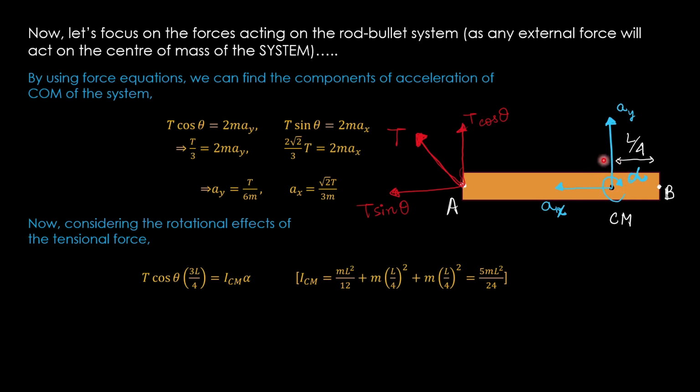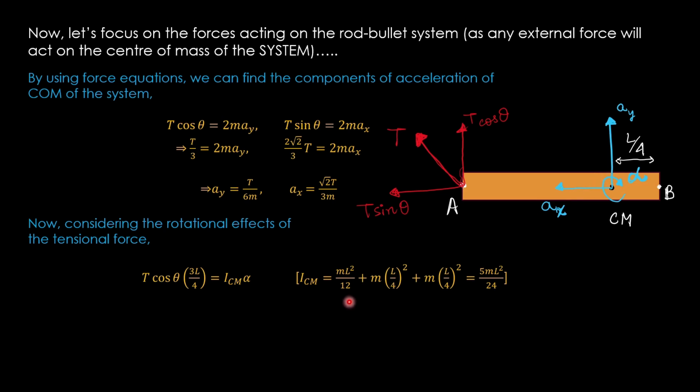Now the moment of inertia about the center of mass of this entire system has a contribution from the moment of inertia of the rod, as well as the moment of inertia of the bullet at this point. How will we get that? For the bullet it is very simple. It will be m into L by 4 whole square. But for the rod, we use the parallel axis theorem, where we know the moment of inertia of the rod about its center of mass is mL square by 12, but we have to shift it by L by 4.